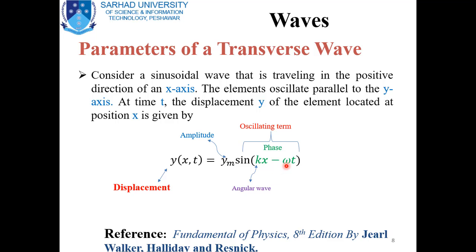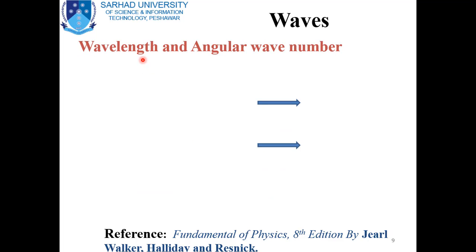The omega is the angular frequency or angular velocity. In the previous lecture we defined it in detail, and the negative sign shows that the wave propagates along the x-axis in the positive direction.